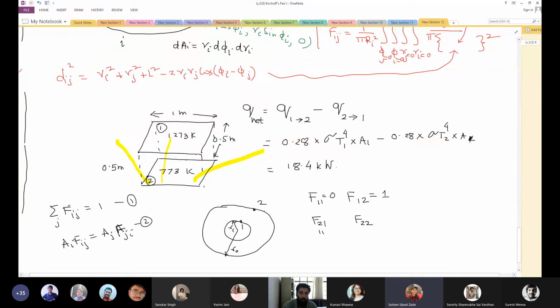Yes, so Ri square over Ro square. And F22 is 1 minus Ri square over Ro square. So these are straightforward. Sometimes problems may not be that straightforward, but this is the gist. You have to use these two rules properly to get unknown view factors.